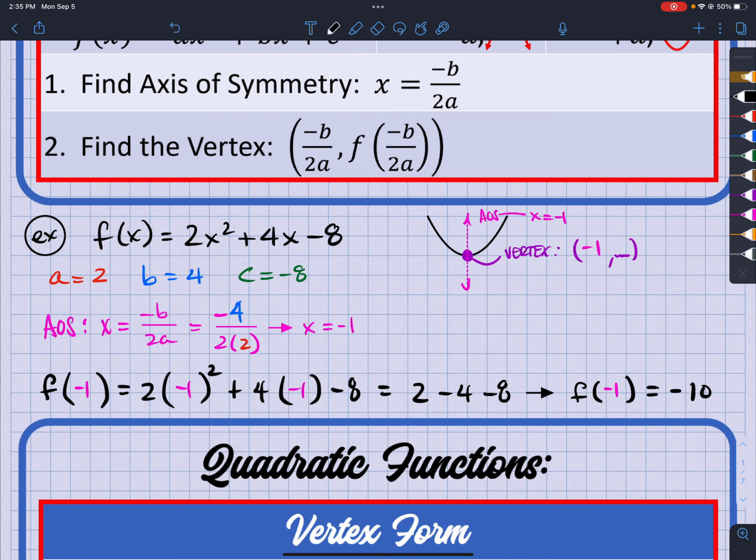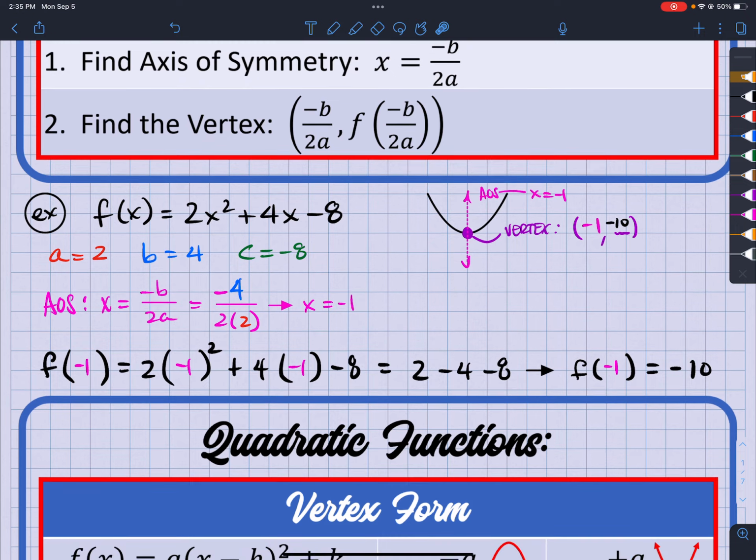So my y value here is -10, and my so-called vertex is (-1, -10). So that's one way of doing it. I'll show you a different way in just a couple minutes.